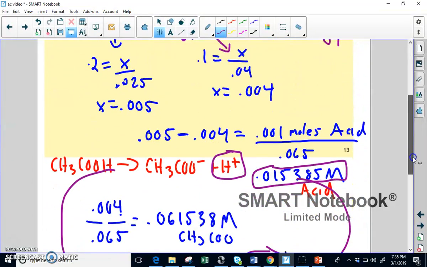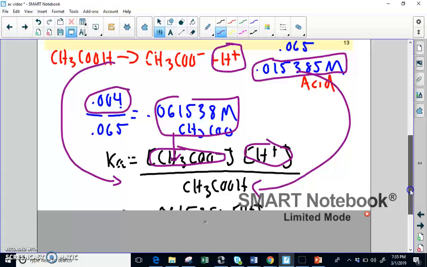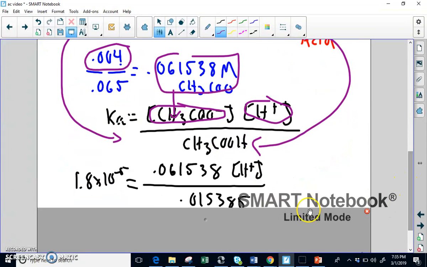Again, we need to convert that to a molarity, so here's the 0.04 divided by the total volume of the solution, adding the two volumes together and converting to liters. Then we get this concentration, and we can put that in for this part of the Ka. It told us in the beginning of the problem, where I wrote it down, that the Ka here is 1.8 times 10 to the negative 5. Using algebra, we can solve for the concentration of H+.